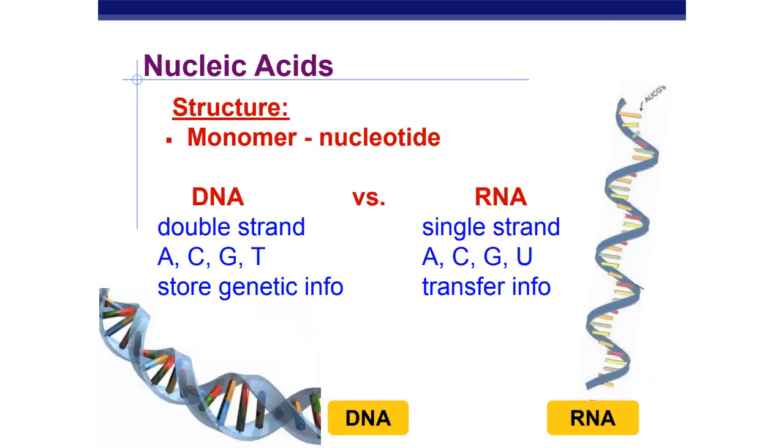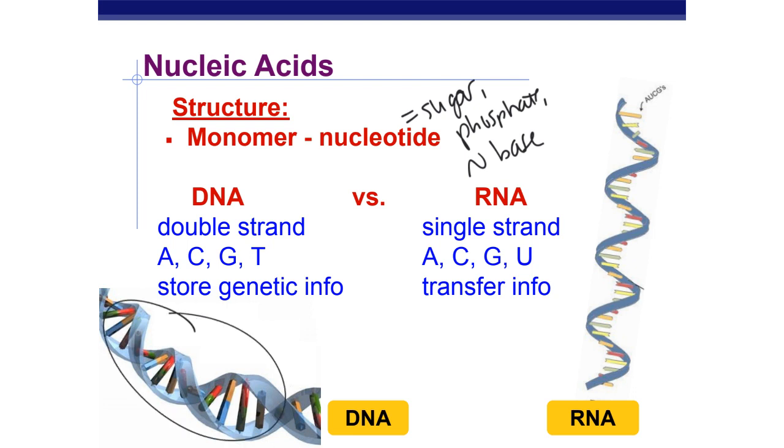Okay, so as we've mentioned before, the structure of nucleic acid, the monomer is a nucleotide. Remember, a nucleotide is going to have that 5-carbon sugar, deoxyribose or ribose, the phosphate, and the nitrogen base. Remember, DNA is going to be double-stranded.